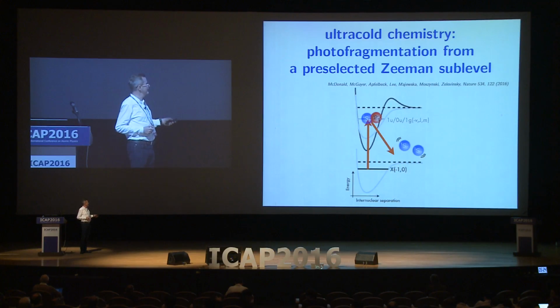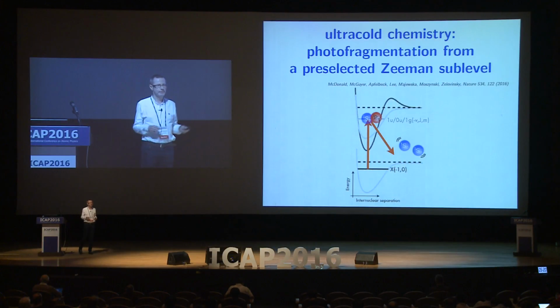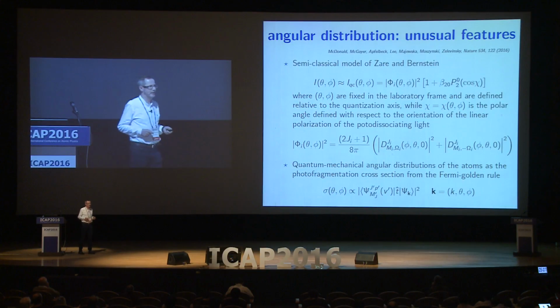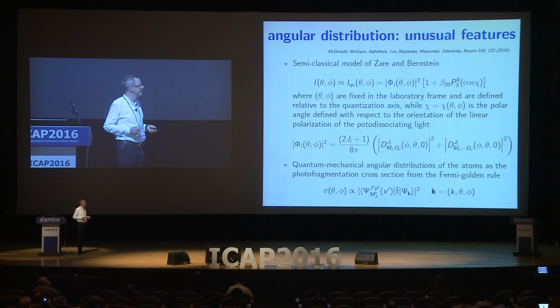They applied laser field, and then they photodissociated the molecule into two atoms. So in general, the photodissociation theory is based on the semi-classical model introduced by Zare and Bernstein in the late 60s and by Zare in the beginning of the 70s.